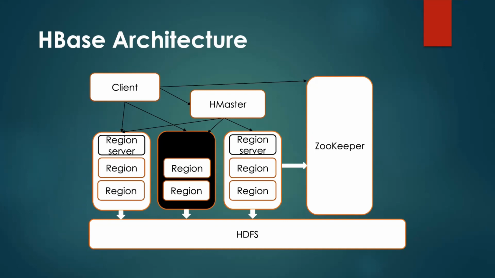A region in HBase is a subset of tables and rows. The Region Server will always be in sync with the HMaster, and Zookeeper will make sure that the HMaster and Region Server are always in sync.